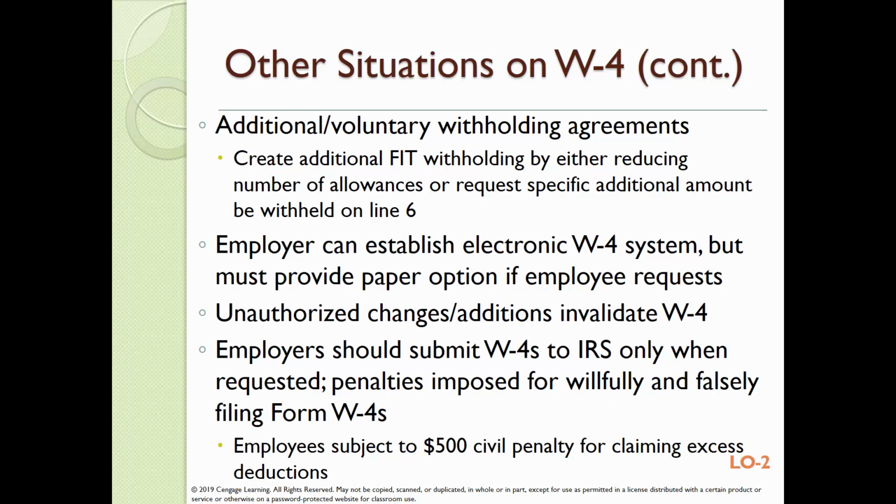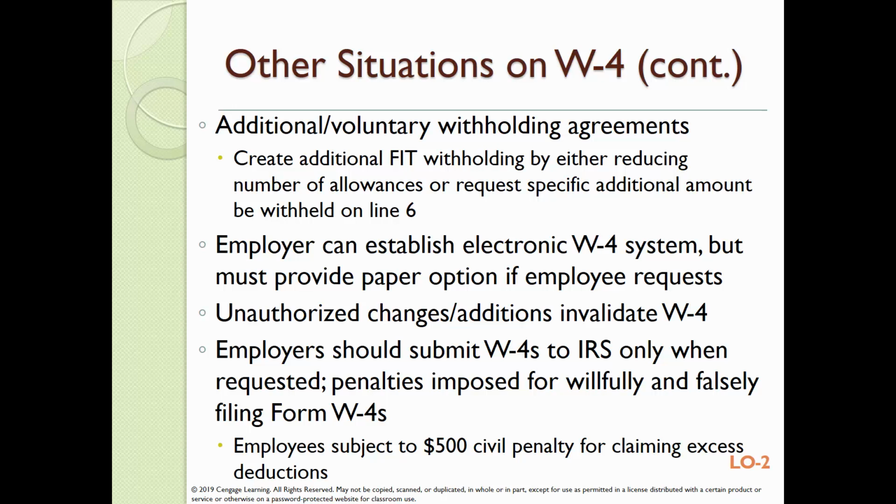We talked about this first one, if you want additional or voluntary withholding, so I want more money taken out. I can set up an electronic W-4 system where you make a PIN and then you submit your W-4 electronically. And what do I do with it when you give me back a W-4? I just hold on to it. Okay, I file it.